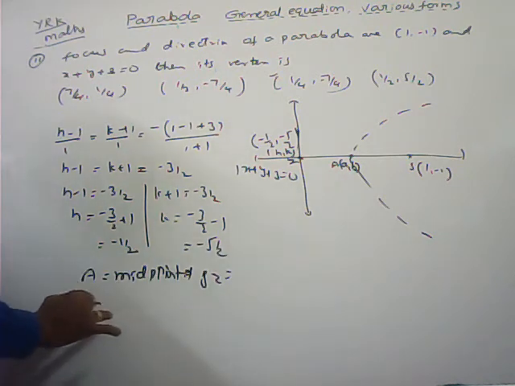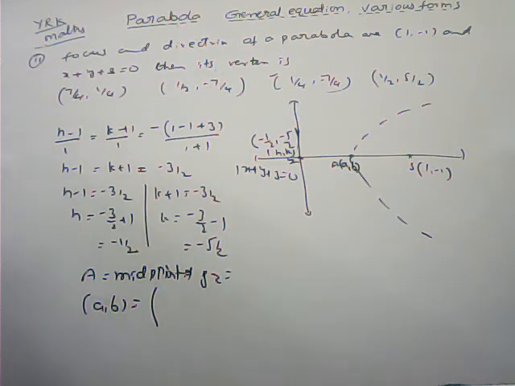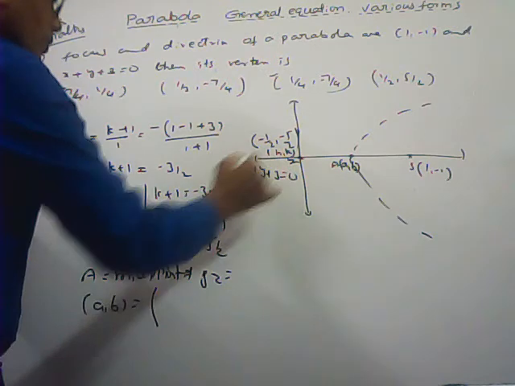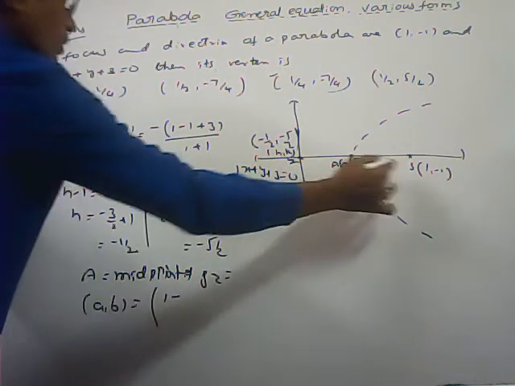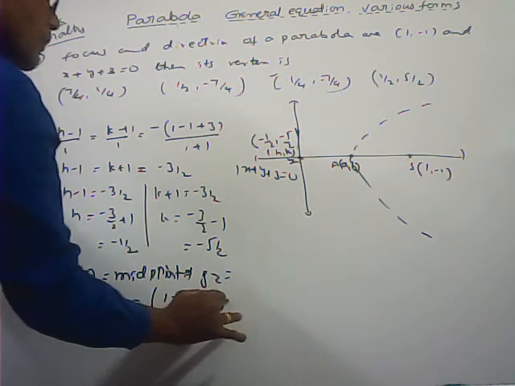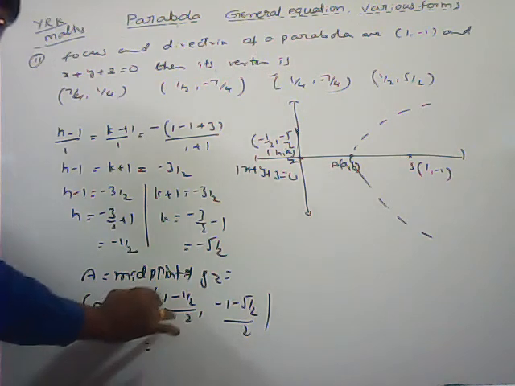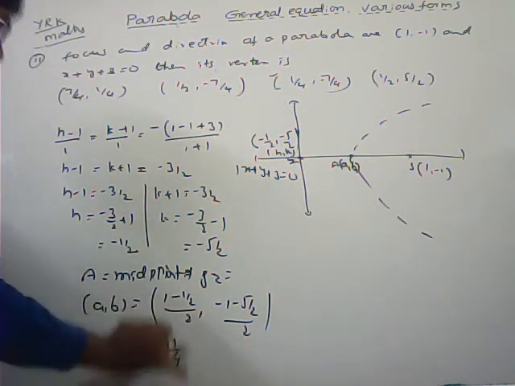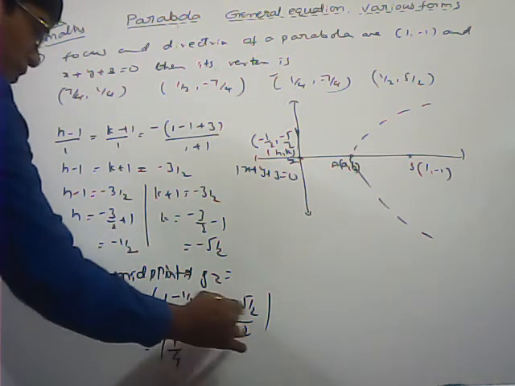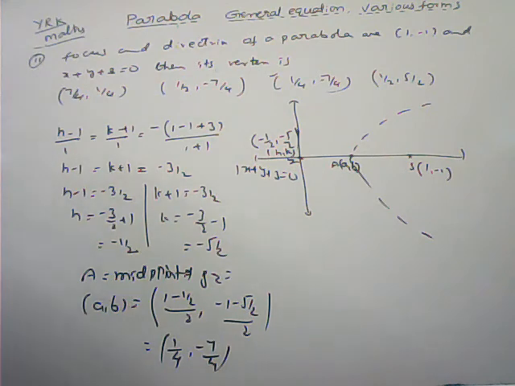Now, using the midpoint formula, (x1 + x2)/2: (1 - 1/2)/2 and (-1 - 5/2)/2. That is equal to 1/4 and -7/4. Like this you can get the vertex.